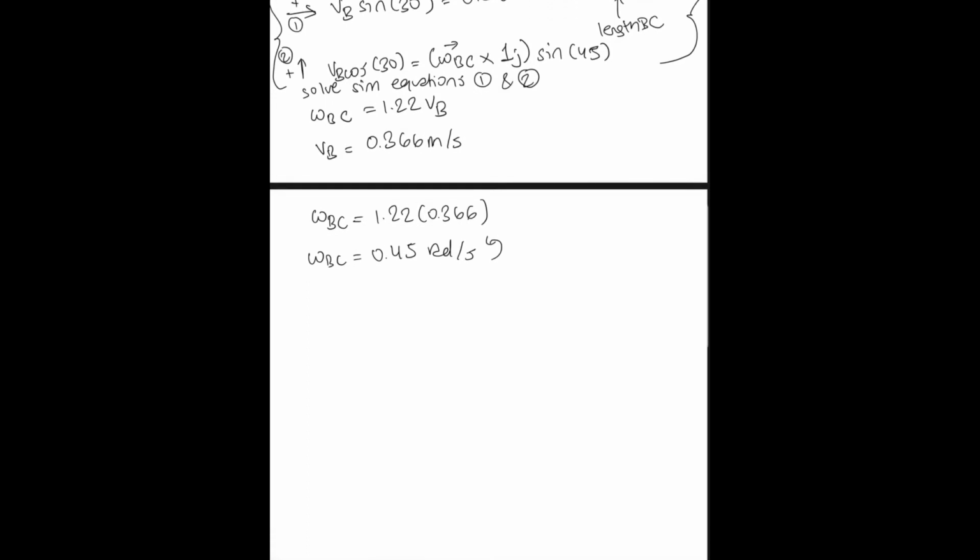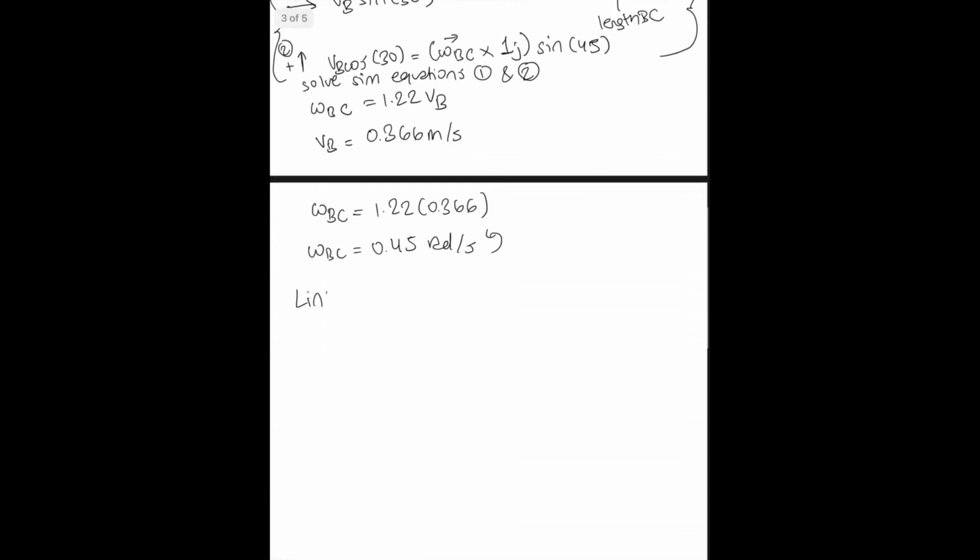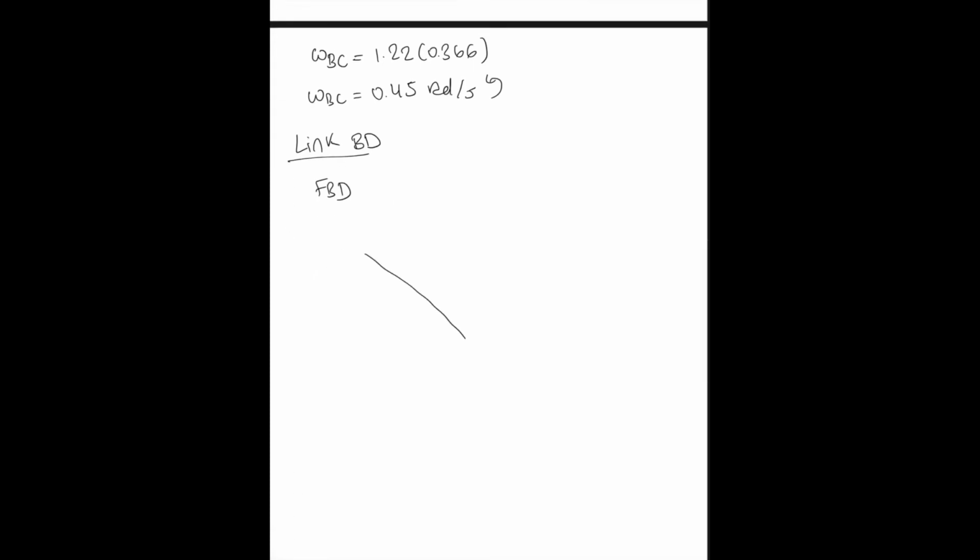Okay, now that we've got the angular velocity of BC, let's take a look at length DB over here. So we're going to draw another free body diagram. Here's our length.